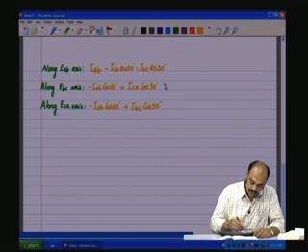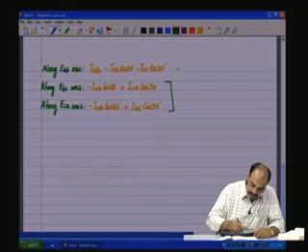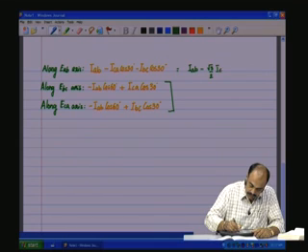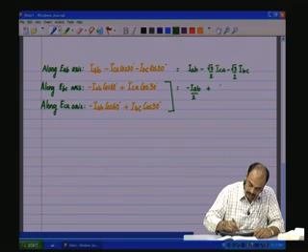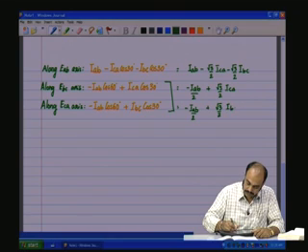This of course is equal to IAB minus root 3 by 2 ICA minus root 3 by 2 IBC, and this is equal to minus IAB by 2 plus root 3 by 2 ICA, and this is equal to minus IAB by 2 plus root 3 by 2 IBC. So, you have equations 1, 2 and 3.